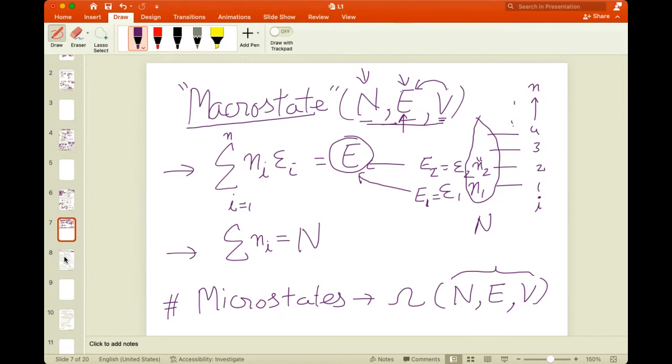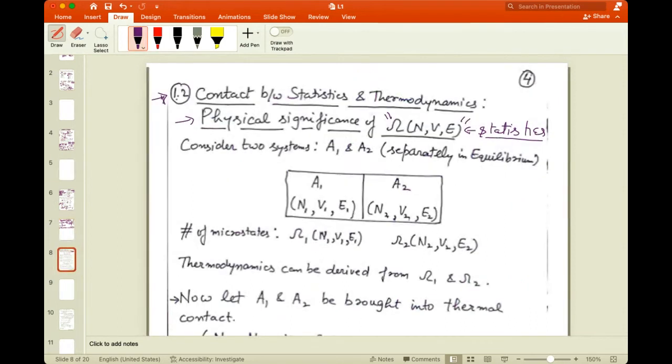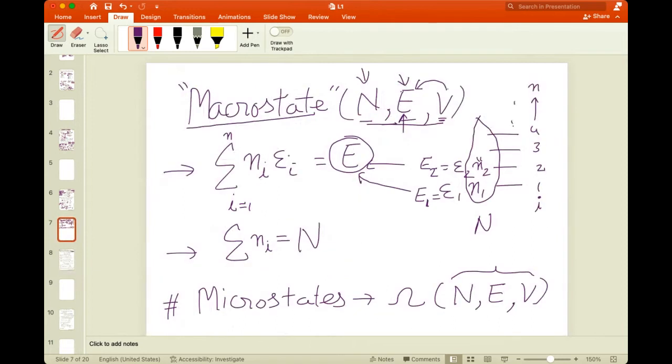So then I introduced this thing that we are going to talk a bit about how the statistics, or this whole consideration of the distribution of particles, or defining microstates for a given macrostate, is going to generate the thermodynamics of the system.